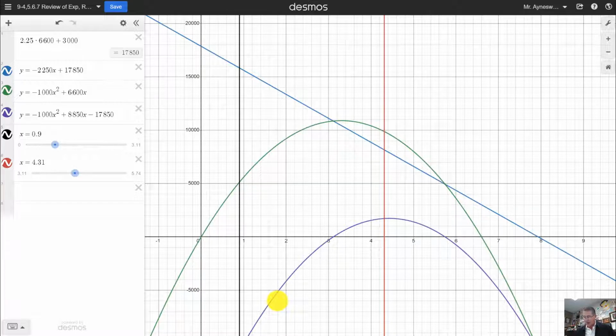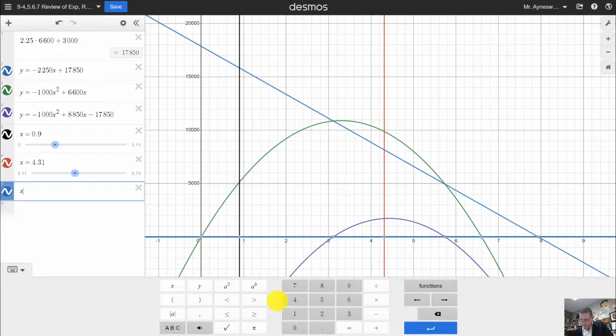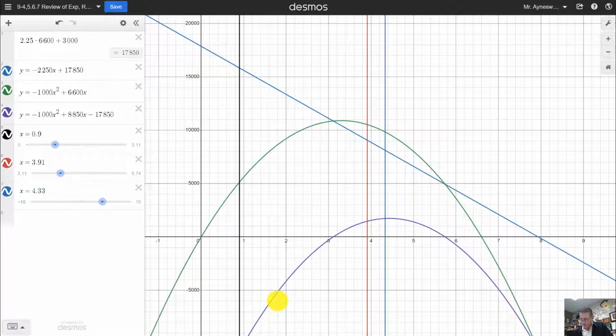If you click on the revenue curve and click on its maximum, the maximum occurs when the price is $4.43. So if I type in x equals $4.33, you'll notice right there that I have a max there.